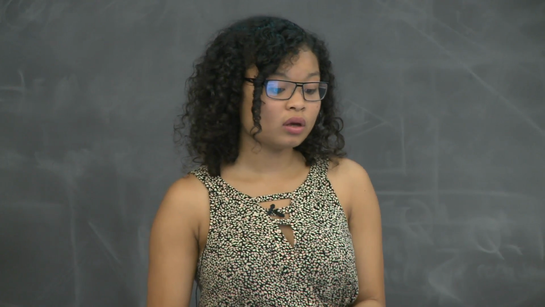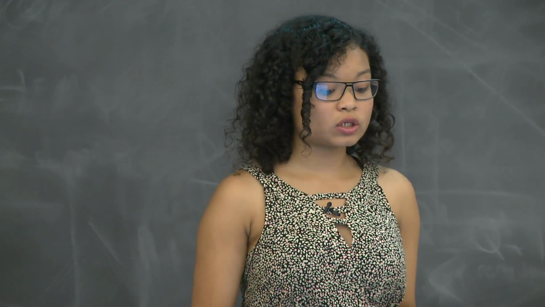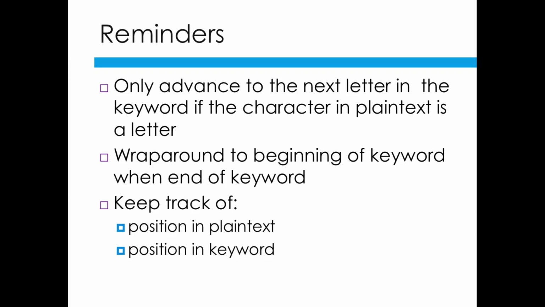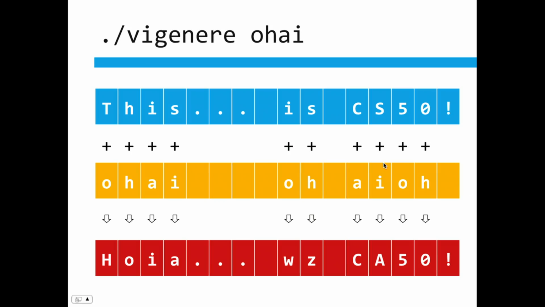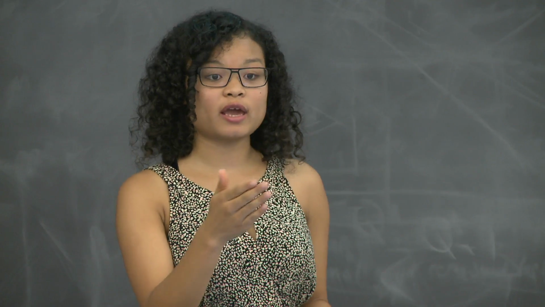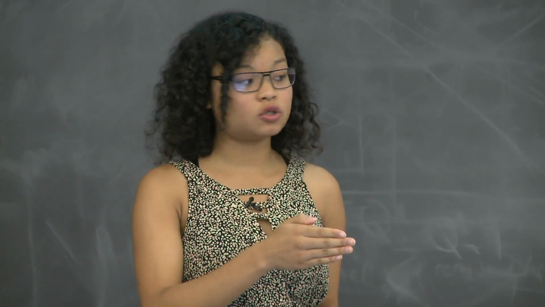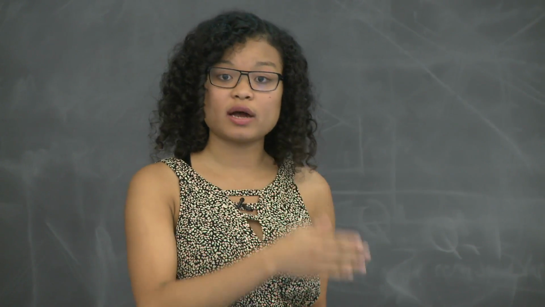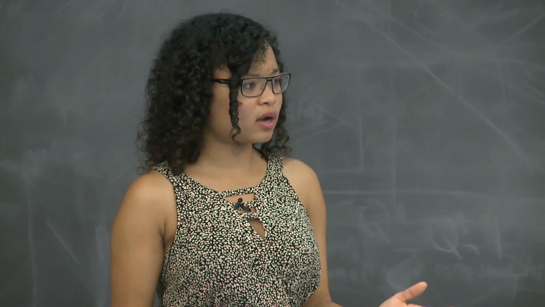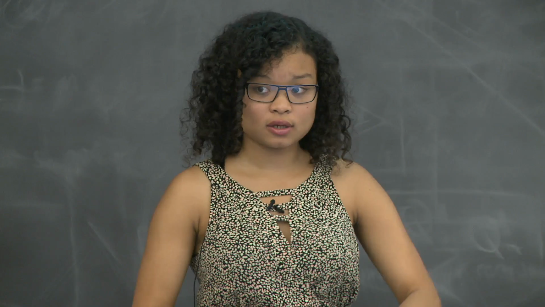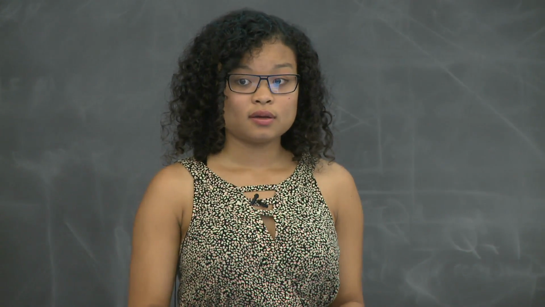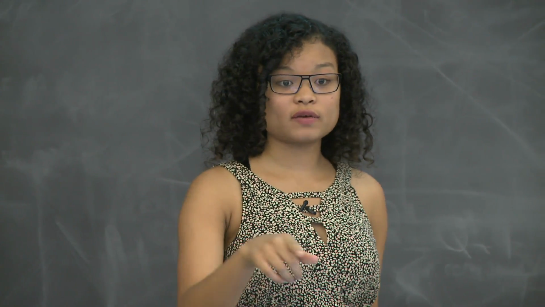Again, you also want to make sure that you wrap around to the beginning of the keyword when you're at the end of it. If you see here, we're at I, the next one has to be O. So you want to find some way of wrapping around to the beginning of your keyword every time you reach the end. What kind of operator is useful for wrapping around, like in the counting off example?